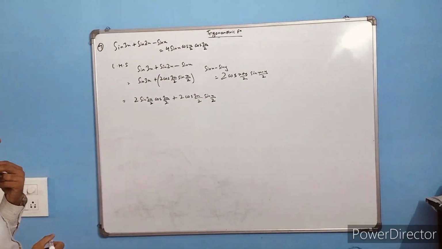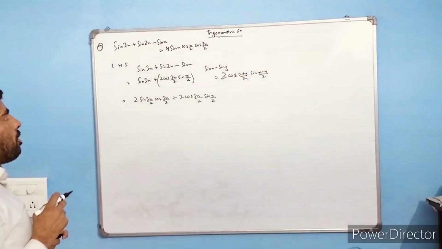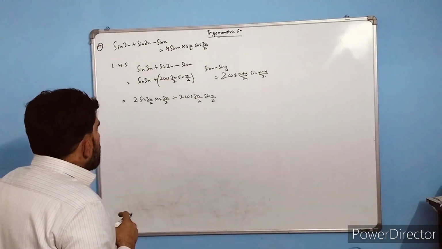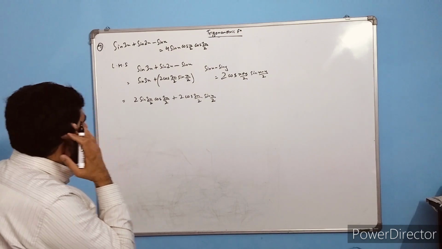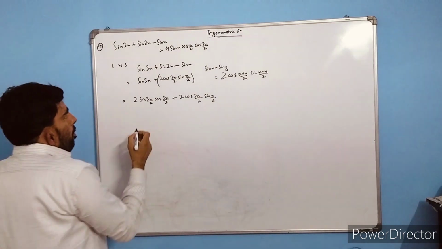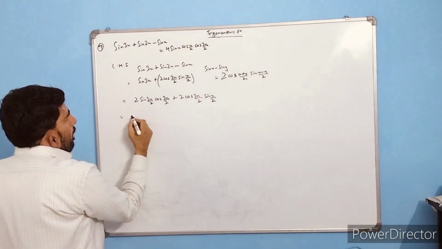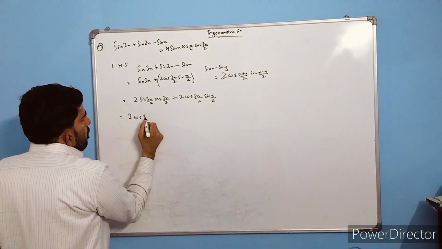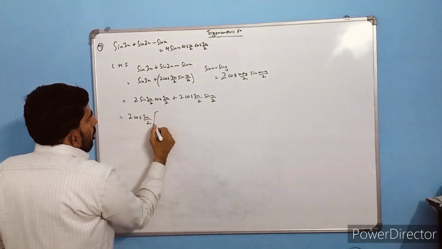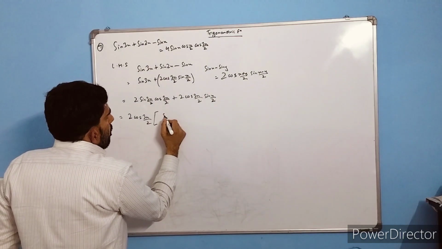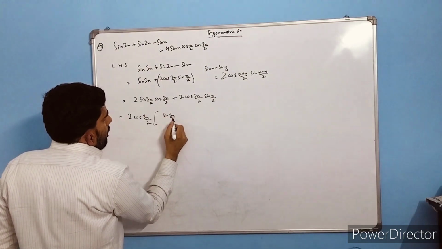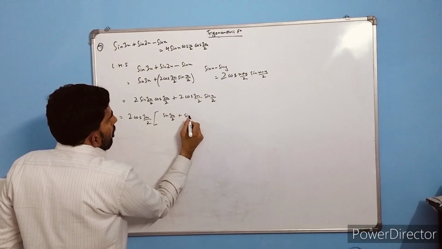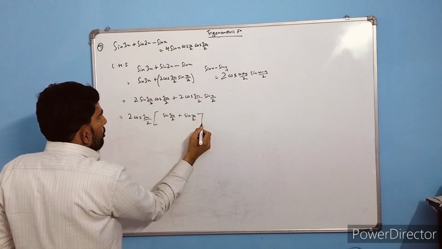You can see here I have written sin 3x, that is 2 sin 3x by 2 and cos 3x by 2. Now what we can do is take 2 cos 3x by 2 common. Now what I have, sin 3x by 2 plus sin x by 2.